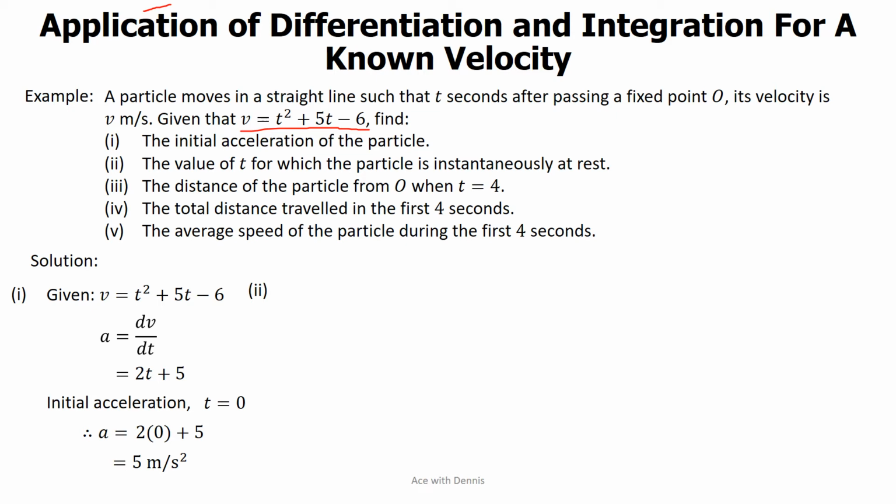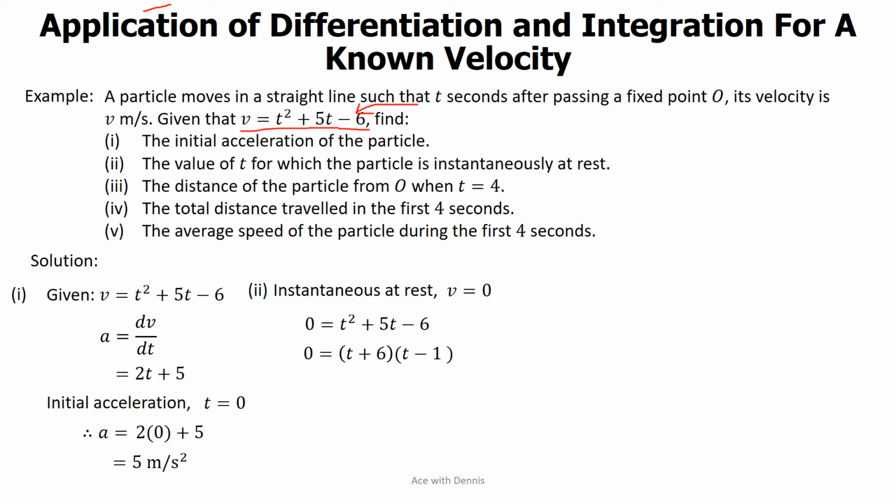For part 2, the value of t for which the particle is instantaneously at rest. When it is instantaneously at rest, v is 0. Hence the equation becomes 0 equals t squared plus 5t minus 6, from the equation of the velocity. We solve this equation by factorizing it.